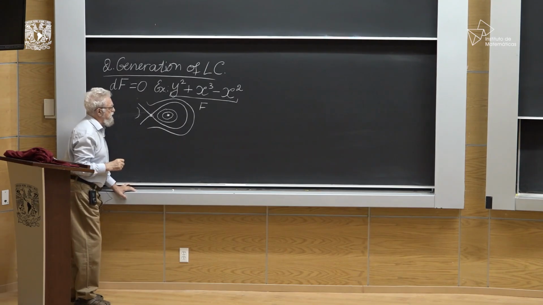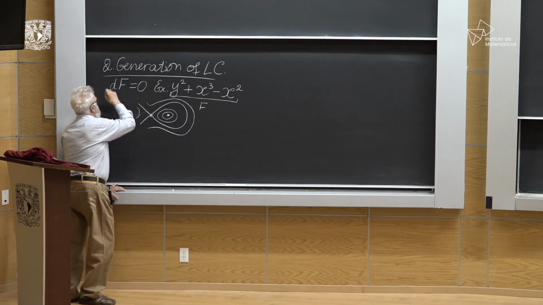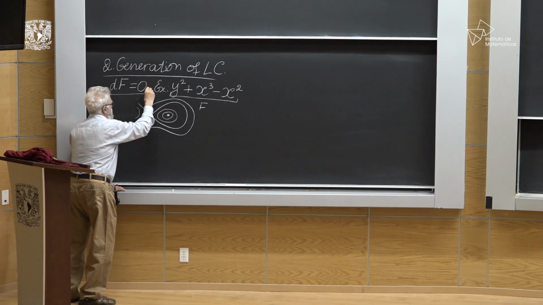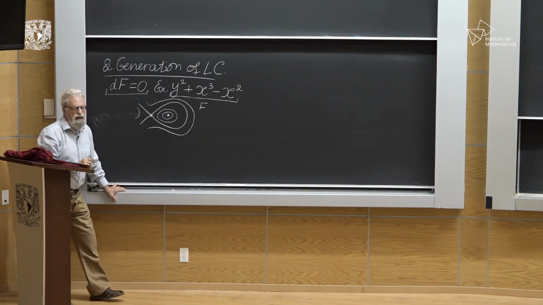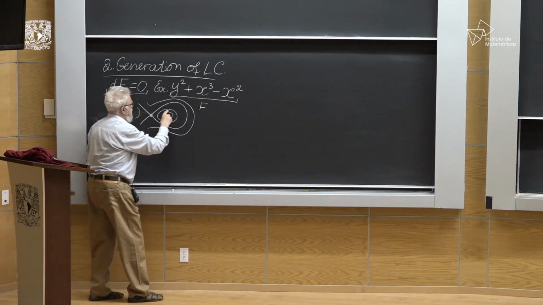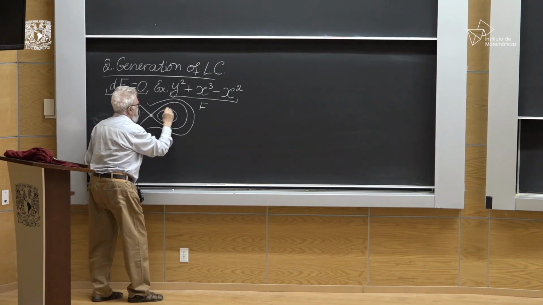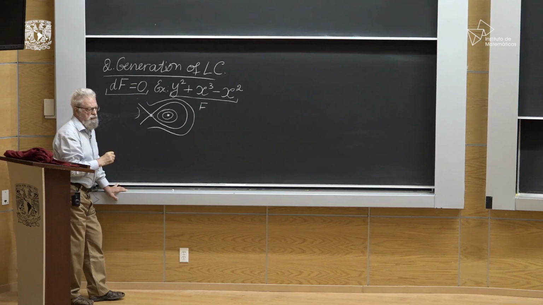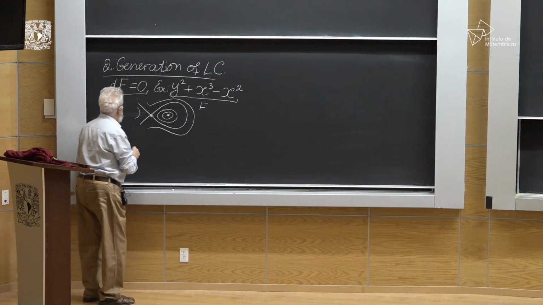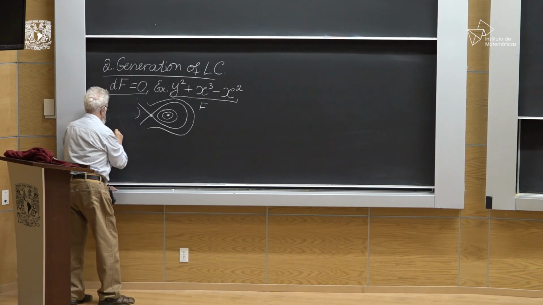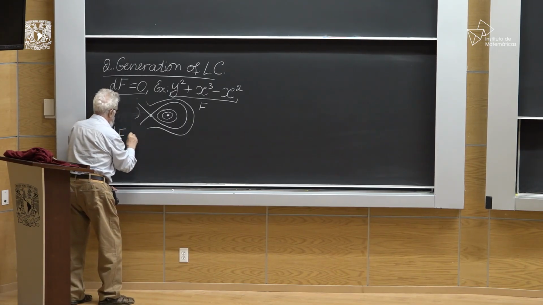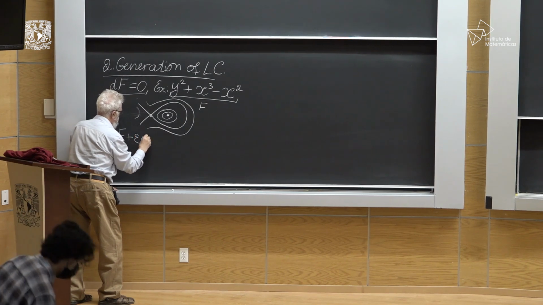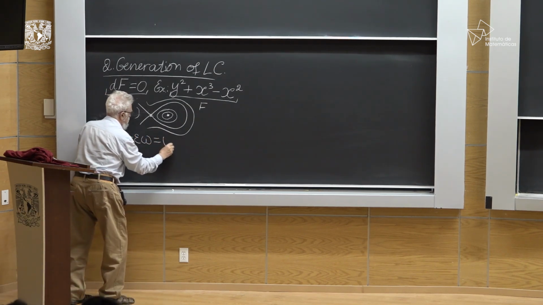The question is, if we slightly perturb this equation, what ovals will break and what one will survive? We can write a perturbation in the form dH plus epsilon omega equals 0.